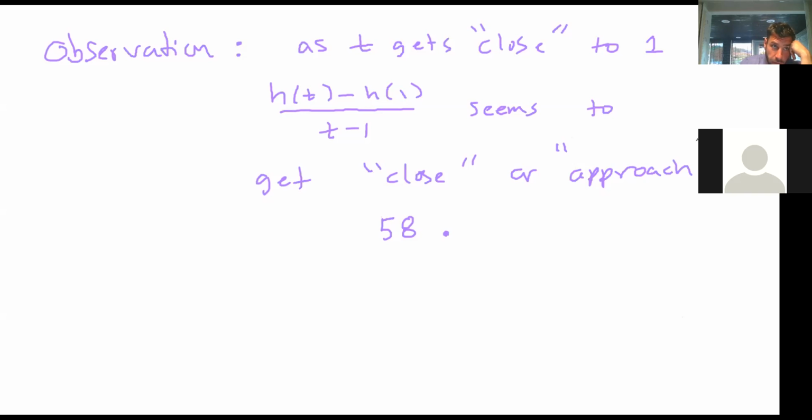All these words I'm putting in quotation marks, these very generic English words, get close or approach, we have to make more precise, and that's what we're going to do.